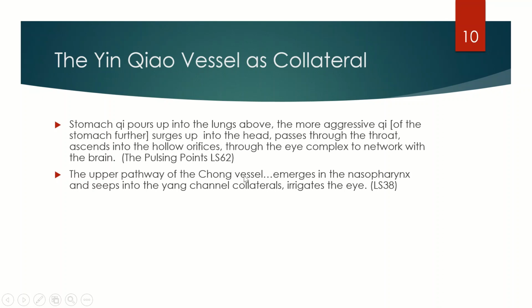And so again, the pathway of the Chong Vessel emerges in the narrow pharynx, seeps into the yang channel collaterals, and then irrigates the eye. So again, this one goes from the hollow orifices and then right into the eye. So it's essentially the same pathway. And again, this is oftentimes the result of their observation of pulsations.